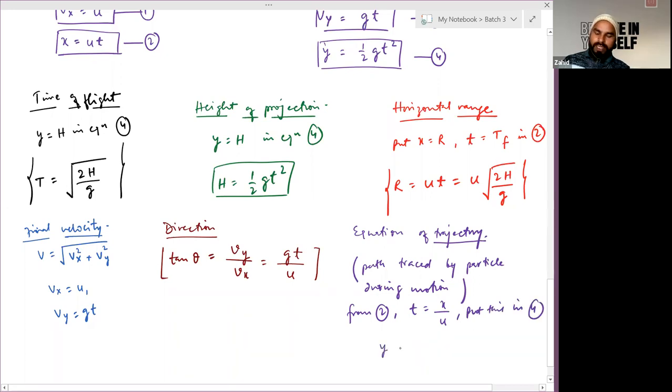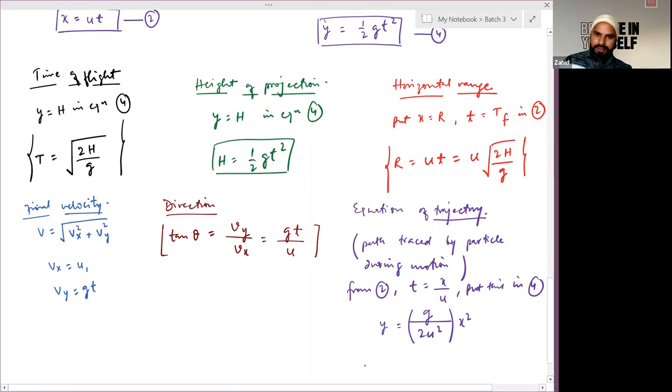You will get y is equals to g divided by 2 times u square times x squared. Now in this part, we have y directly proportional to x squared. As we know, this is equation of parabola, or this will define a parabolic curve. Hence we can say path or trajectory of projectile is parabolic in nature.